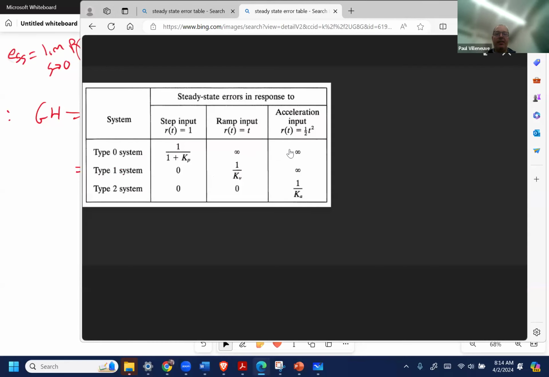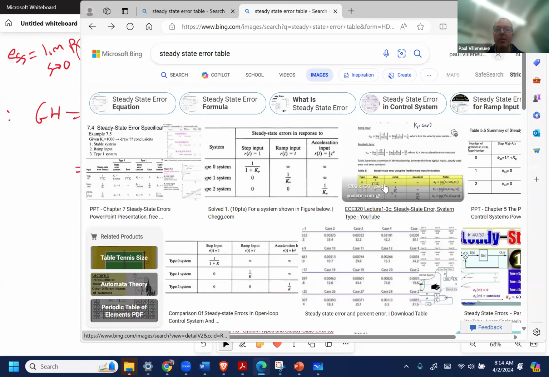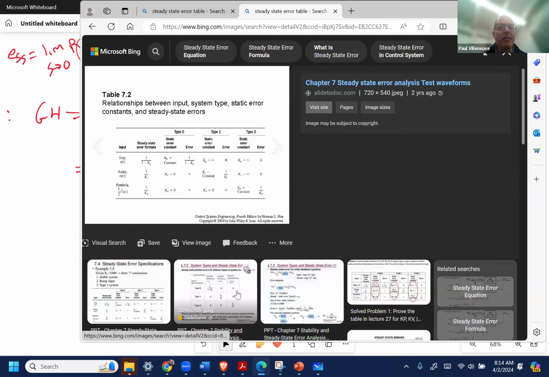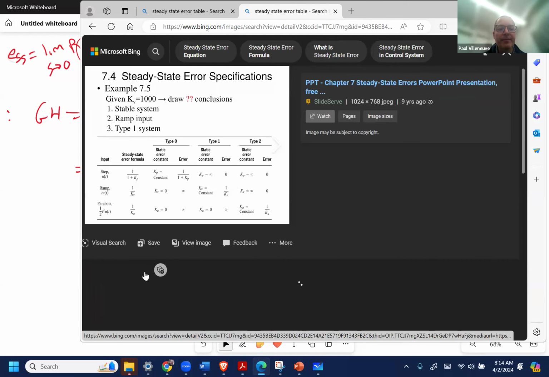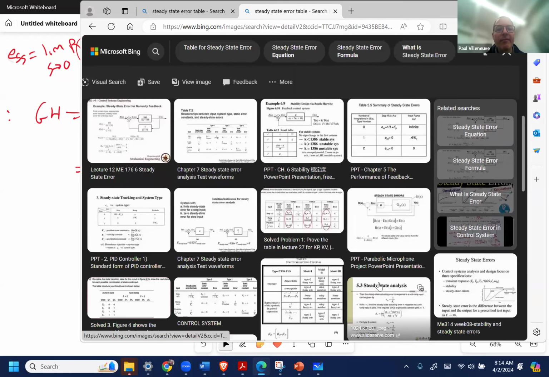So let's click on this and let's see if it has, it doesn't give us the whole kit and caboodle. Try this one. This one actually doesn't tell us how to calculate the K sub P's. We're looking for one. Let's see, is this any better?